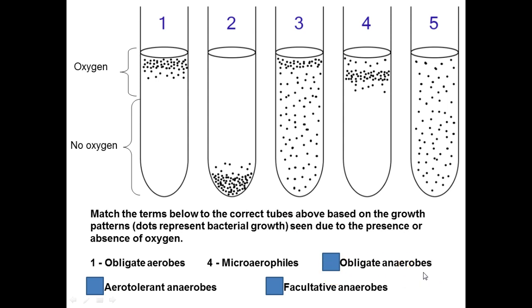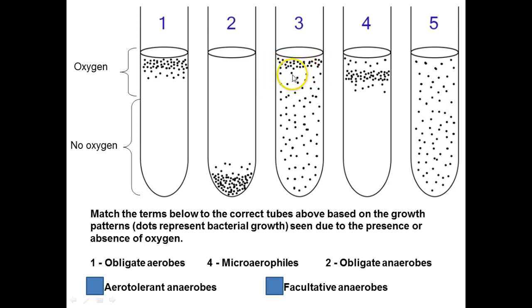Which one would be our obligate anaerobes? Definitely 2, right? Notice growth is only down in the anaerobic environment, the bottom of the tube. Which one is going to be our aerotolerant anaerobes? Only got 2 choices left. 3 or 5, right? What's the difference between these 2 tubes? 3 has more dots here at the top, right?